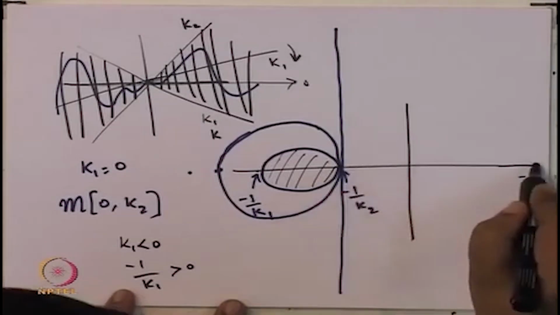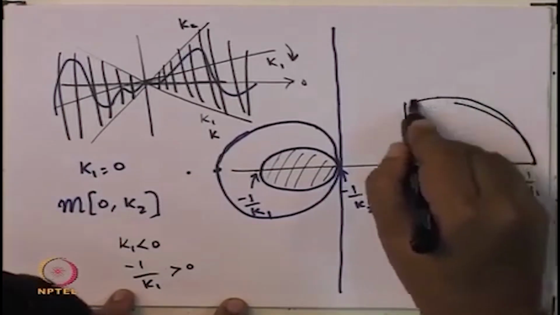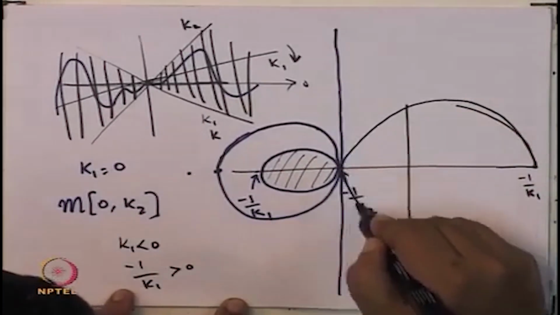So, you can take these 2 points and think of this circle here.